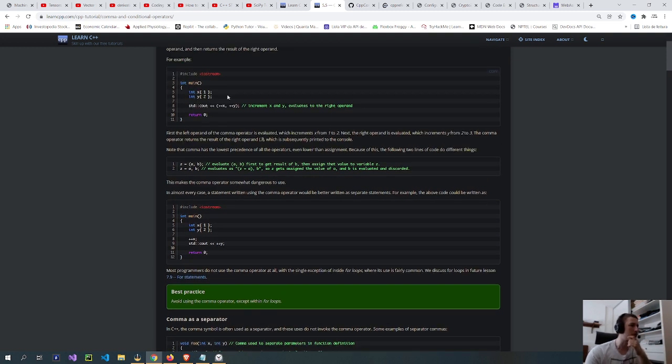I assume they're talking about this one, yeah. Evaluate a, b first to get the result of b, then assign that value to variable z. The other evaluates as z equals a, b.